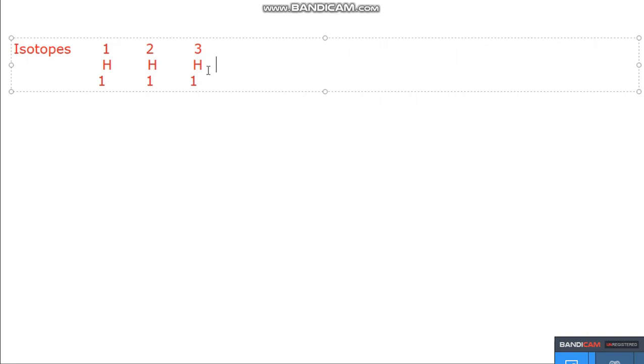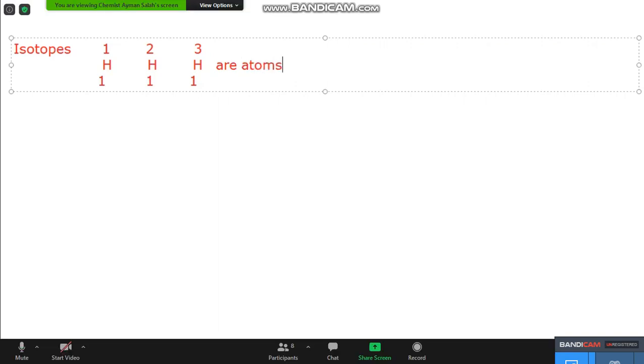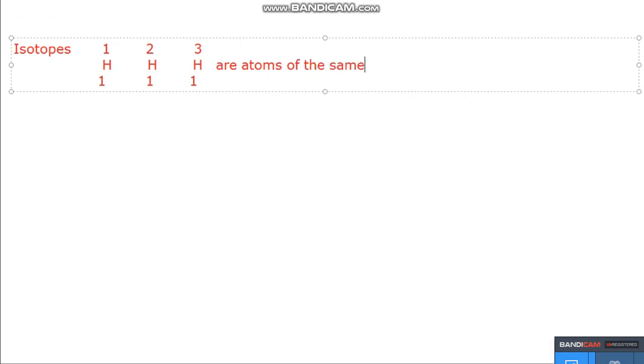So isotopes are atoms of the same element.